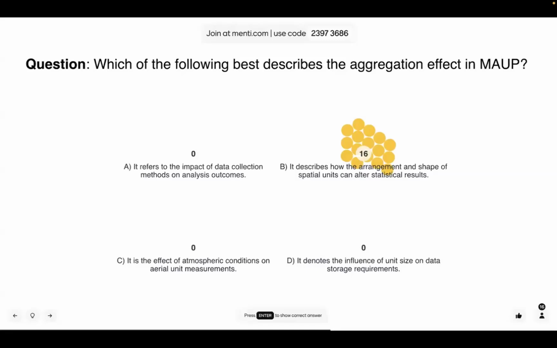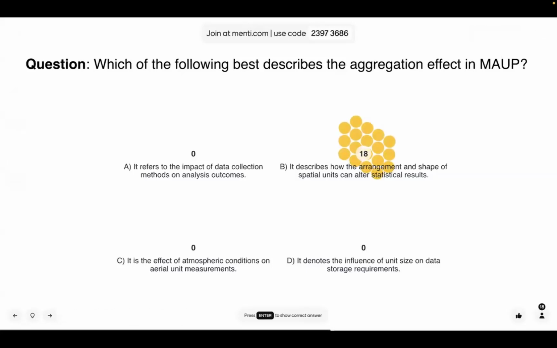That's great. The majority of people are voting that this is indeed option B, where it describes how the arrangement and shapes of spatial units can alter statistical results. And if you have voted B, you would in fact be correct.